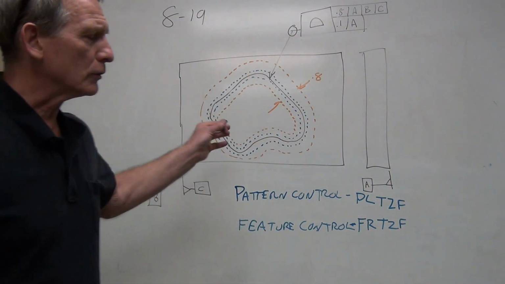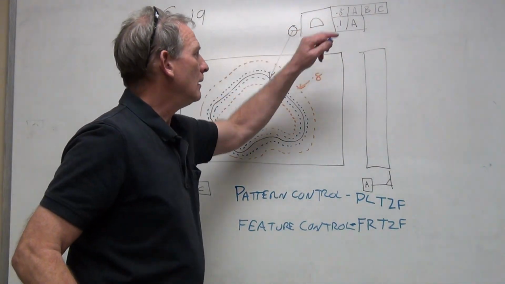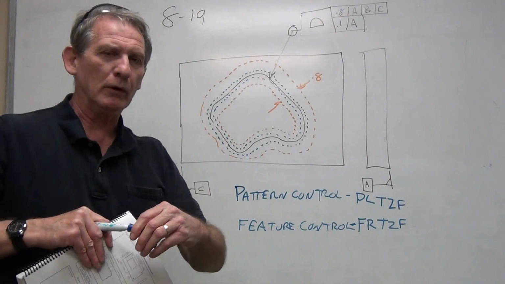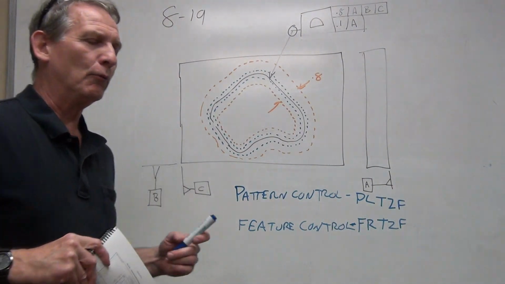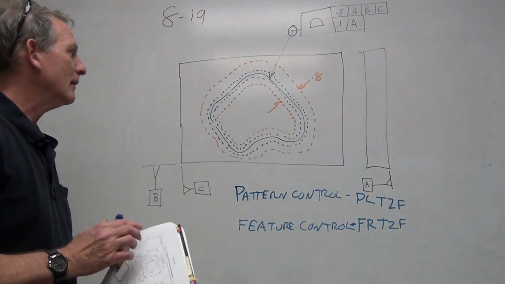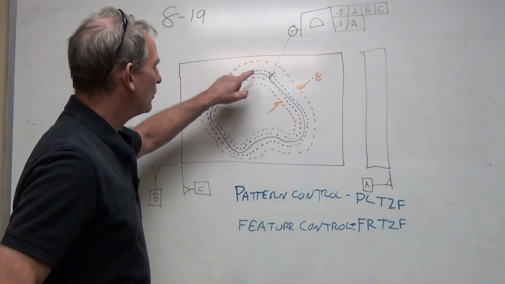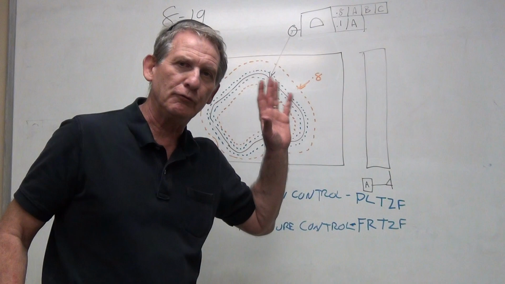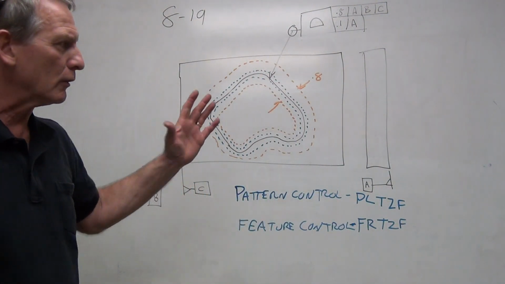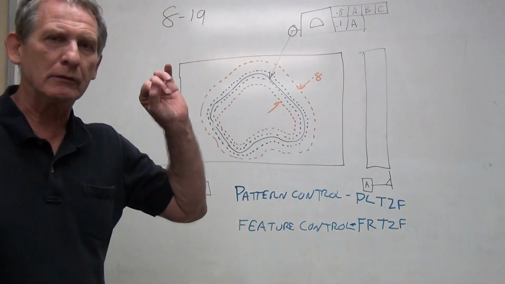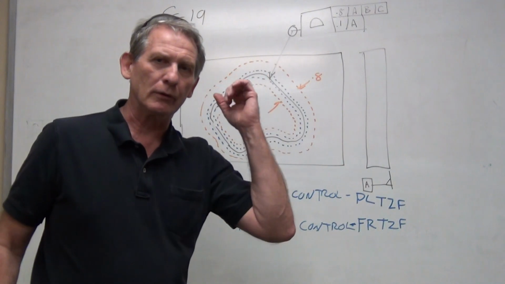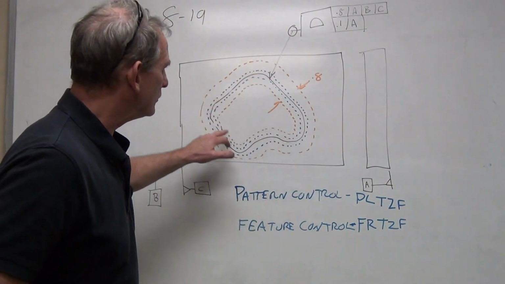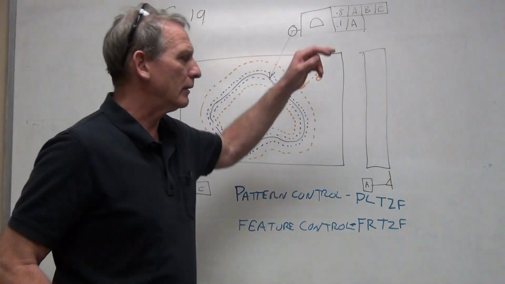Okay, so now the orange boundary is this, the blue boundary is this. Now we just have to figure out what those two mean, and what it means is that the feature, in other words, the part defined by all the dimensions and tolerances, that is the feature itself, without regard to where it is on the plate, but just the size and the orientation and the form of all those curves and straight lines is controlled by this.